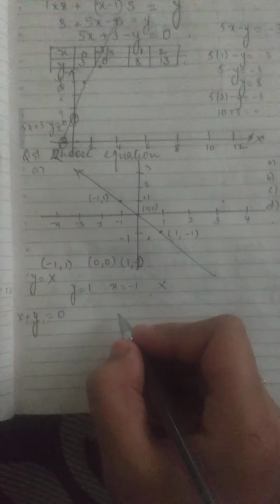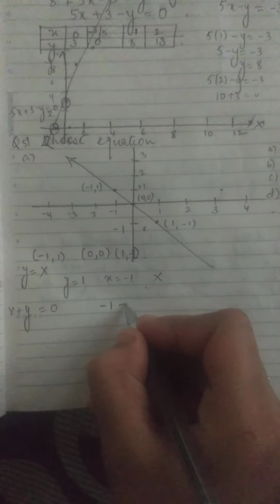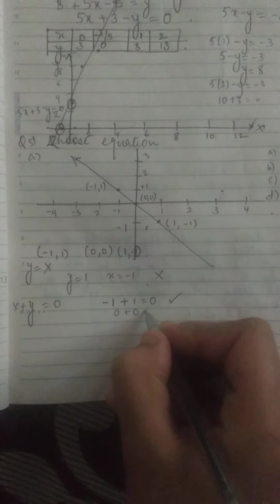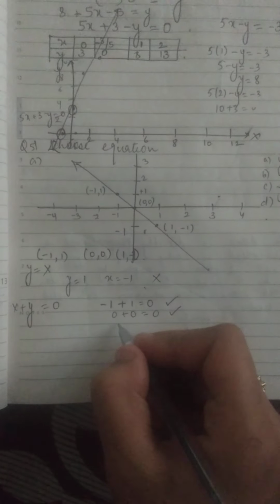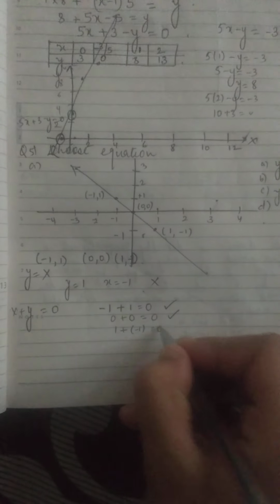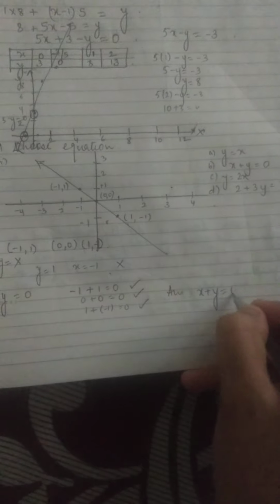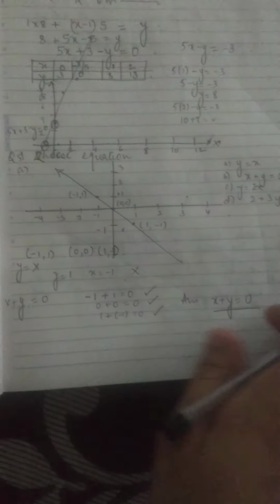So we will check the second equation, x plus y equals 0. Satisfying the first point, minus 1 plus 1 is 0, therefore it is satisfying. 0 plus 0 is 0, yes. 1 plus minus 1 is 0. So therefore our answer will be x plus y is equal to 0. This is satisfying the given graph.